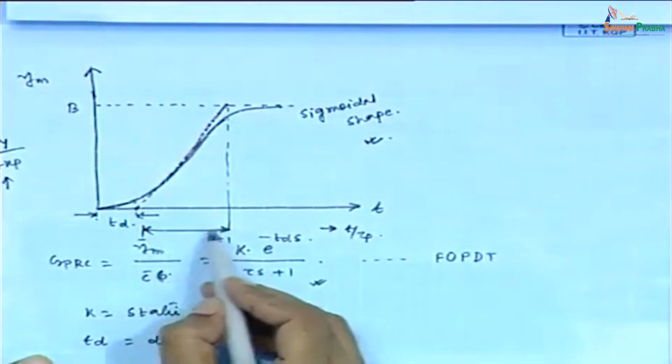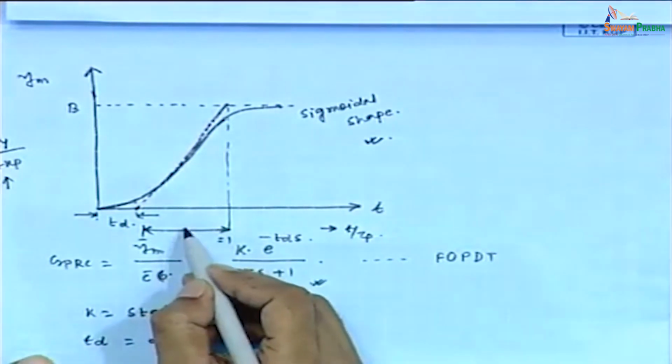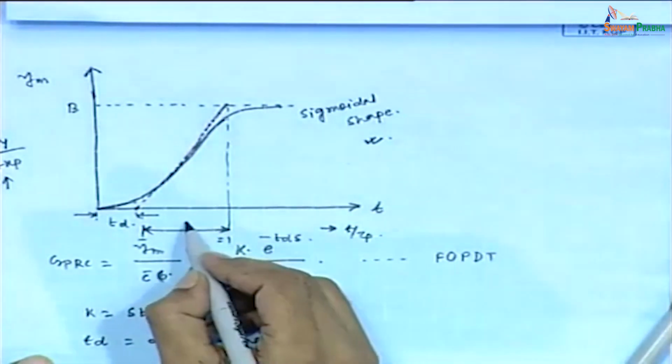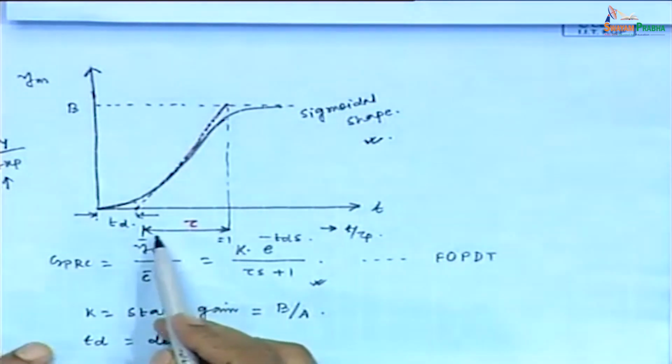So, how much is this quantity if we plot y versus t? This is tau. t divided by tau p equals 1, that means t equals tau. So, this quantity is tau.